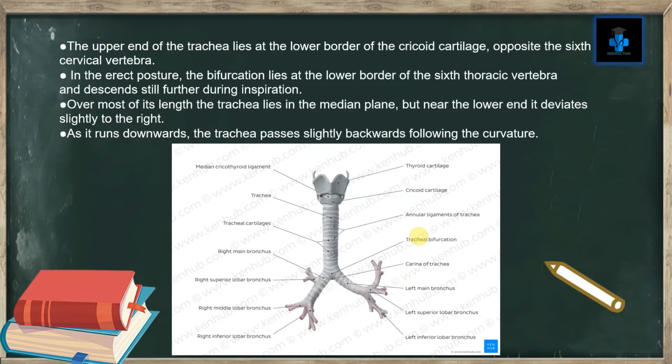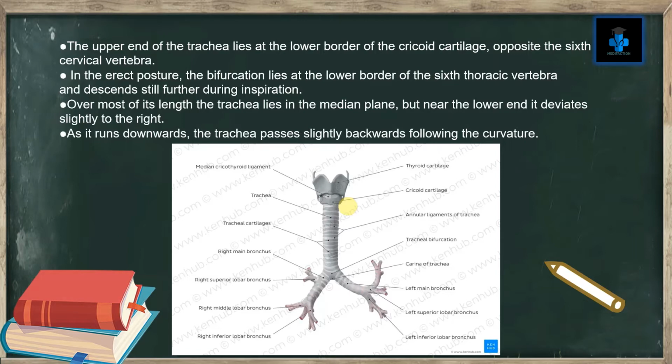The upper end of the trachea lies at the lower border of the cricoid cartilage. Here you can see the cricoid cartilage opposite the sixth cervical vertebra. In the erect posture, the bifurcation lies at the lower border of the sixth thoracic vertebra and descends still further during inspiration.